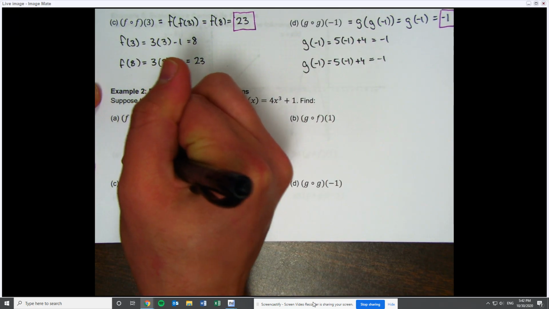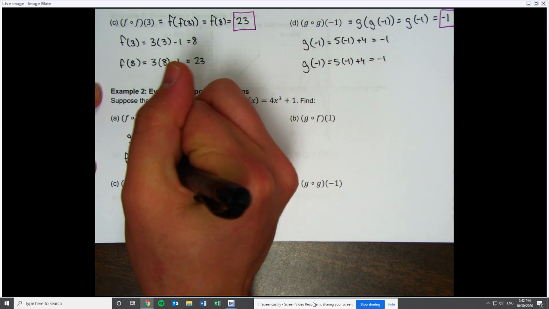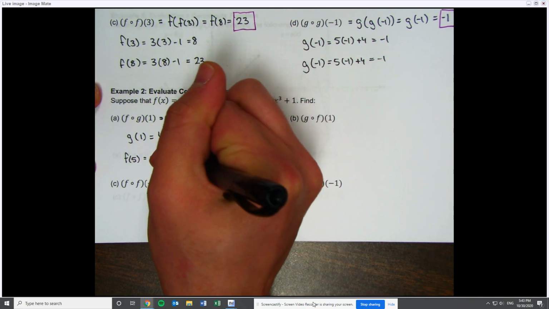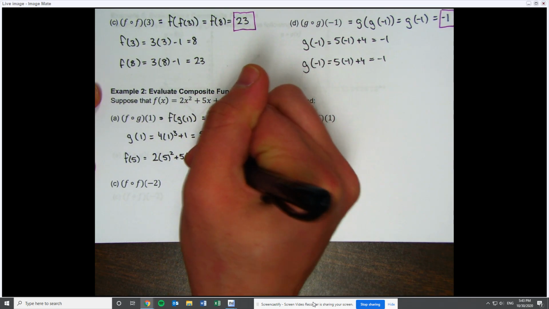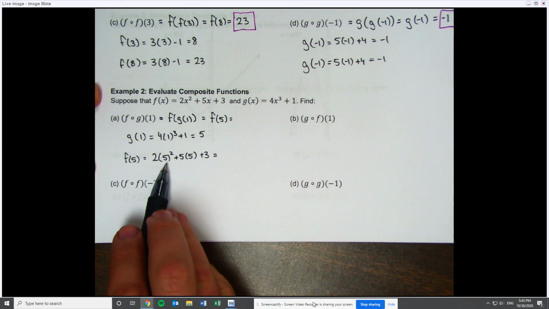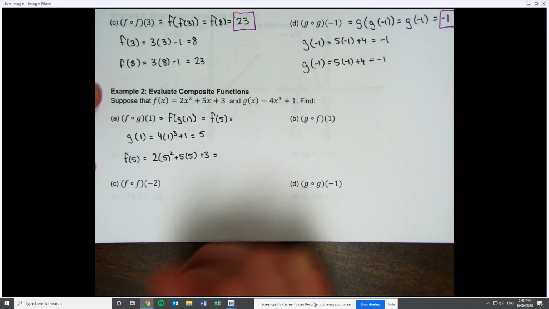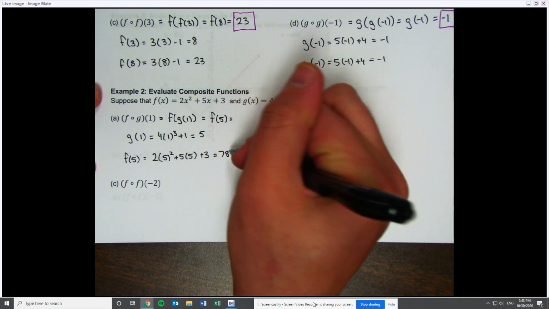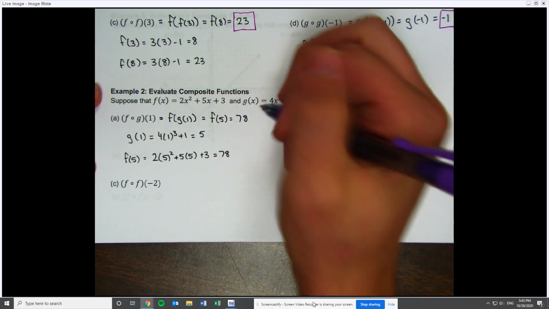F of 5, look at my new function, 2x squared plus 5x plus 3. I have 2 times 5 squared plus 5 times 5 plus 3. Evaluating this, that's going to give me 25, 50 plus 25, so 75 plus 3 is 78. So my final answer is 78 on this one.